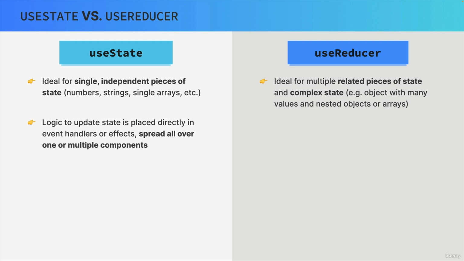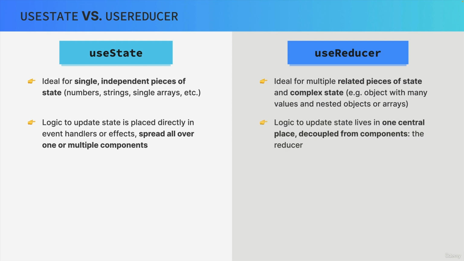And that's where one of the big advantages of useReducer comes into play, because with useReducer, we centralize all state updating logic in one place, which is the reducer function. And with this, all that logic is nicely decoupled from the components. Then, whenever we need to update the state, we just dispatch an action to the reducer, which knows exactly how to perform state updates for different actions.